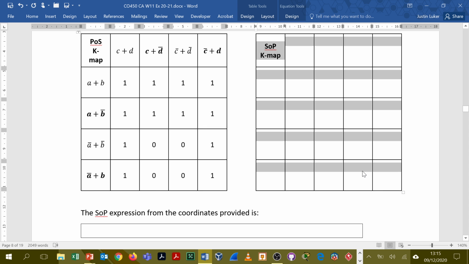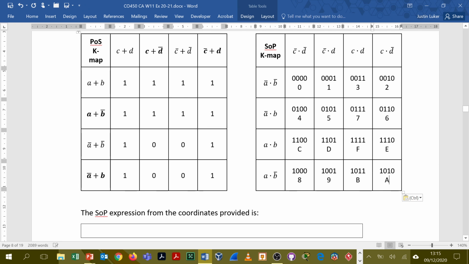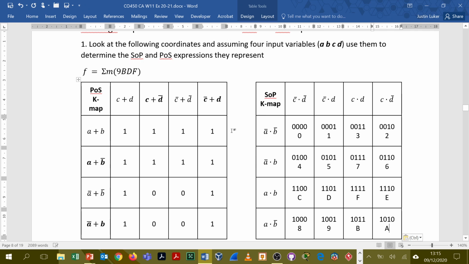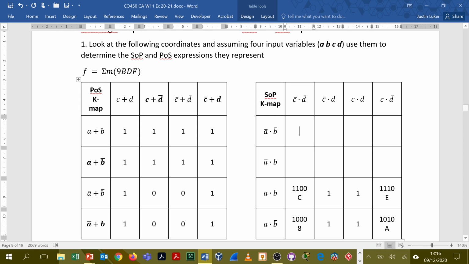Again, same set of coordinates, 9, B, F, and D. Because the numbers are exactly the same, it's going to give the same positions, but this time it's saying SOP, so it's going to be 1s, and the others are going to be 0s.